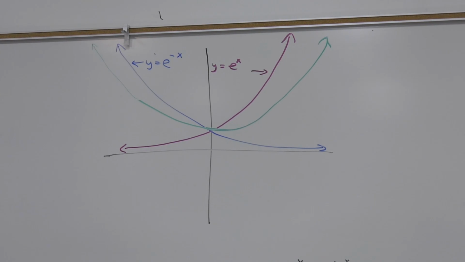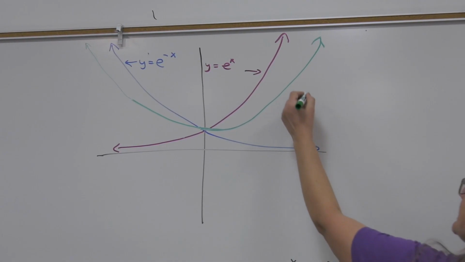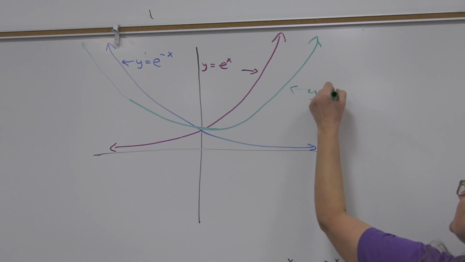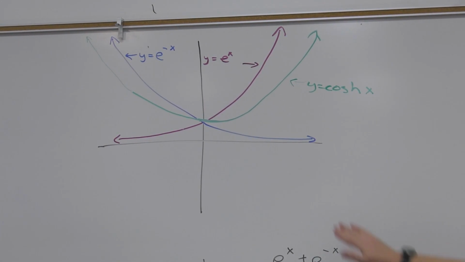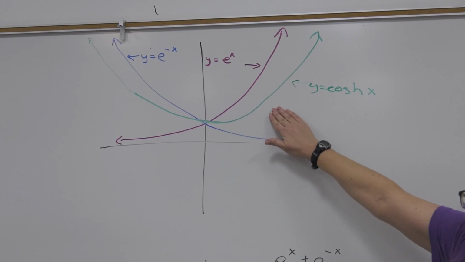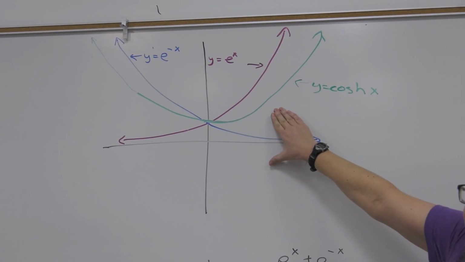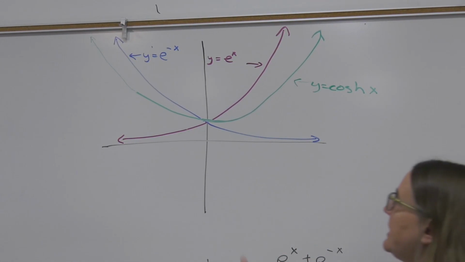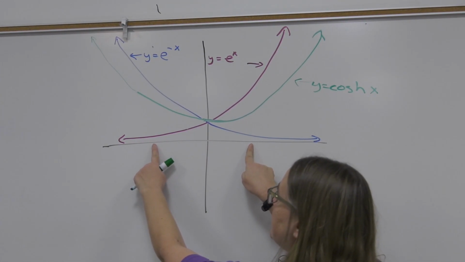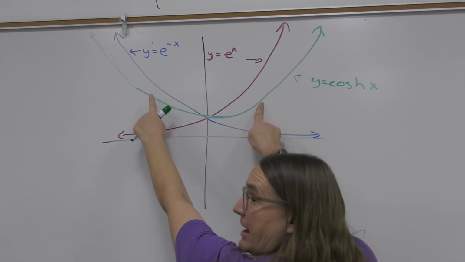Okay. So a couple of neat things to see about y equals cosh of x: first of all, notice that it's nicely symmetric about the y-axis. So this is what we call an even function. If I plug in opposite inputs, I'm going to get exactly the same output.